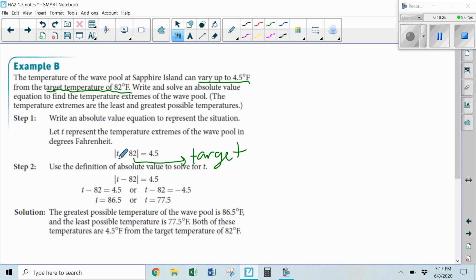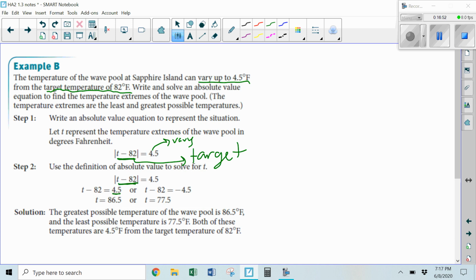And then remember, this has a distance of 4.5. That's how far it can be away from that target number. So this is the number that it can vary by. Well, this is a pretty easy absolute value equation. This left side is already isolated. So this has a distance of 4.5.